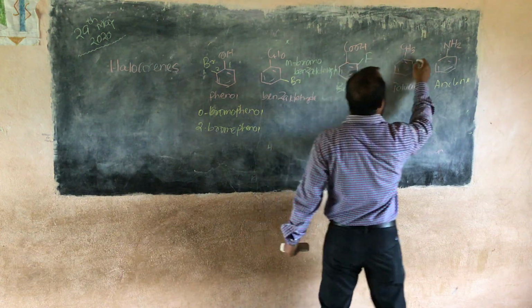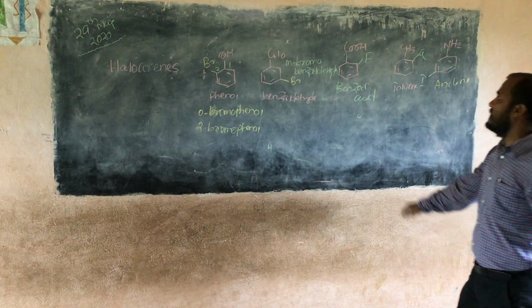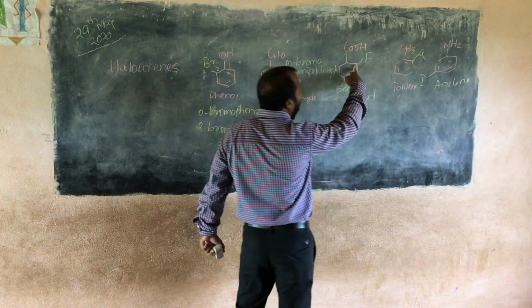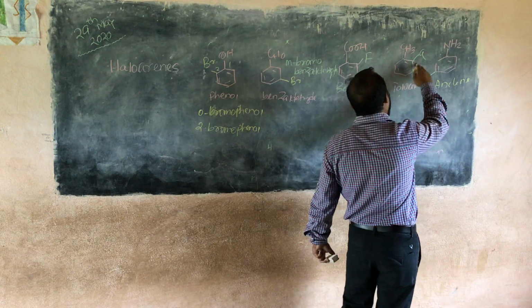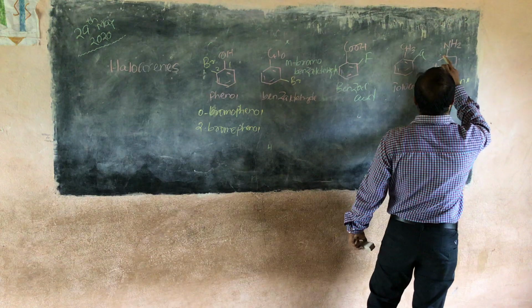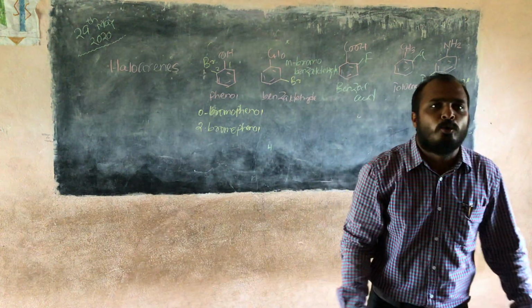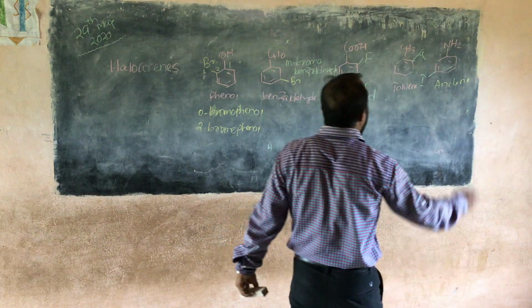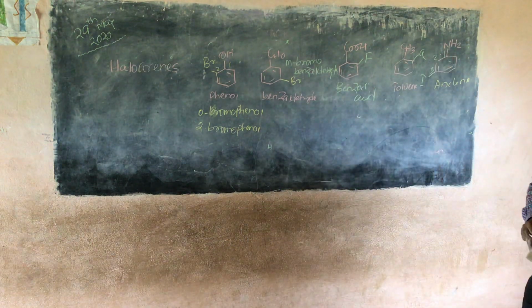Like this, its name will be 2-fluorobenzoic acid or ortho-fluorobenzoic acid. Its name will be ortho-chlorotoluene or 2-chlorotoluene. Its name will be meta-iodoaniline, or 3-iodoaniline.